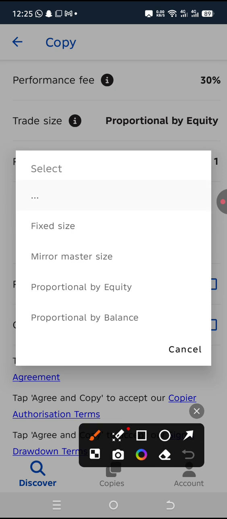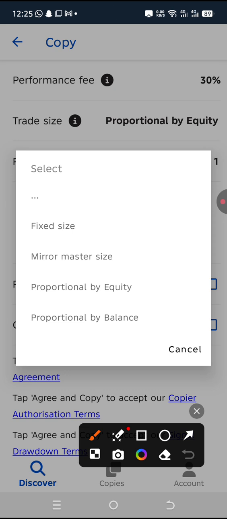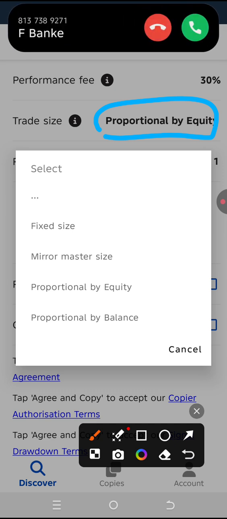If you have a strategic trader that has multiple trades at a time, more than one trade at a time, then you'll be using proportion to equity, because you want to relate your trade with that person's trade and at the same time with your own capital.